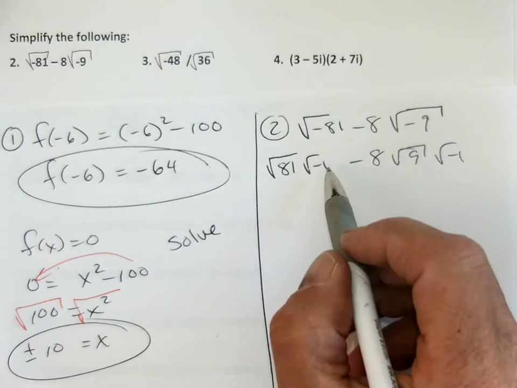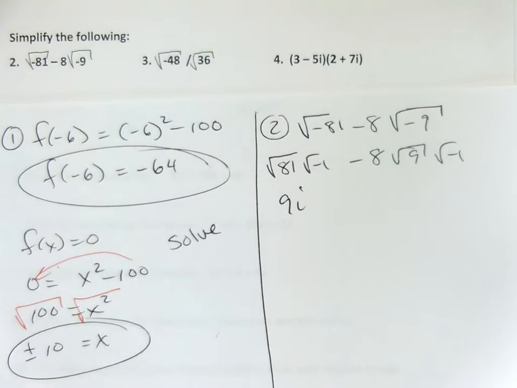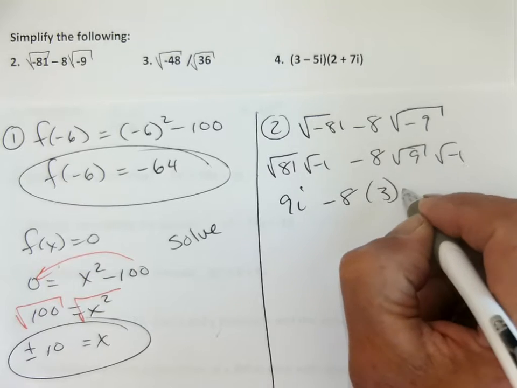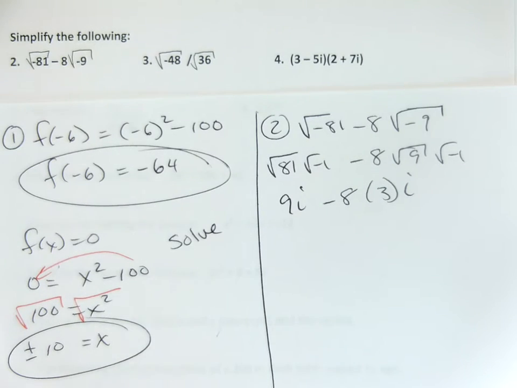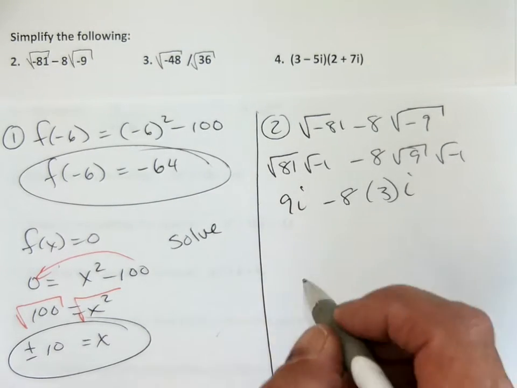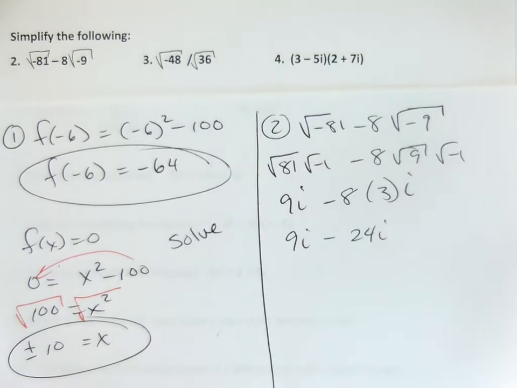We know that the square root of negative 1 is i, so I'll have a 9i, square root of 81, minus 8 times 3i. I'll multiply and get 24i, so I'll go to 9i minus 24i. What's that, a 15i probably? Minus 24, yeah, negative 15i.